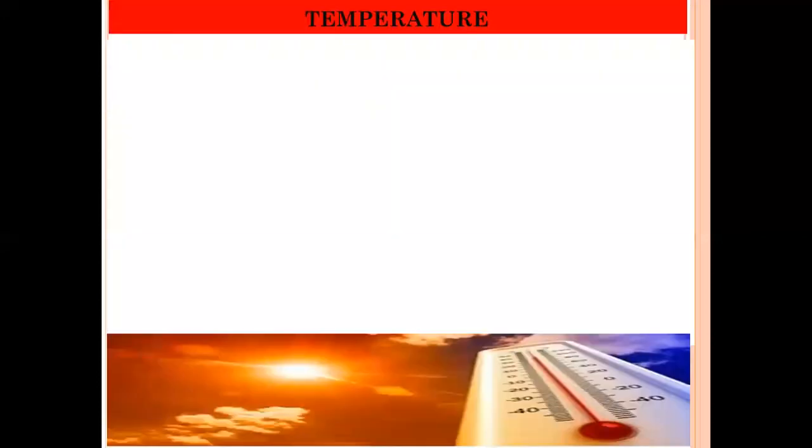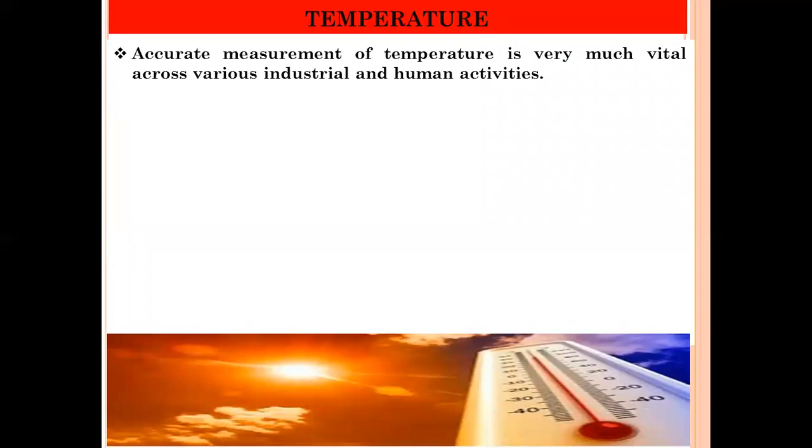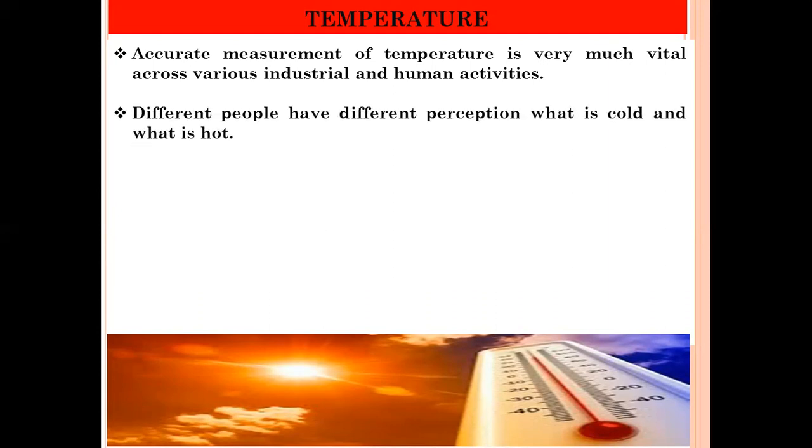Temperature. The accurate measurement of temperature is one of the important parameters across various industrial as well as human activities. Any human being has a different perception of what is cold and what is hot. Let us take one example: ice cream. We can easily sense that the ice cream is cold, whereas the soup is hot.